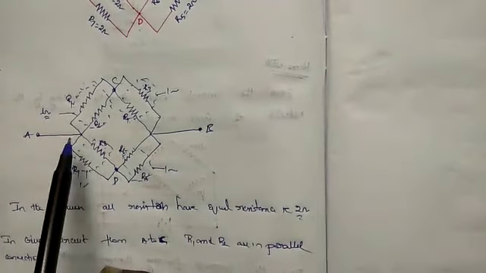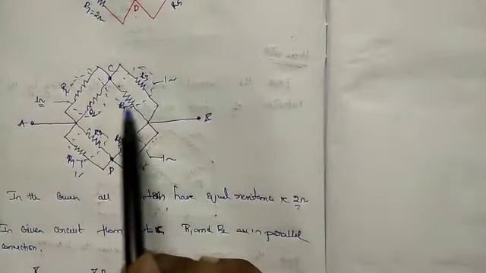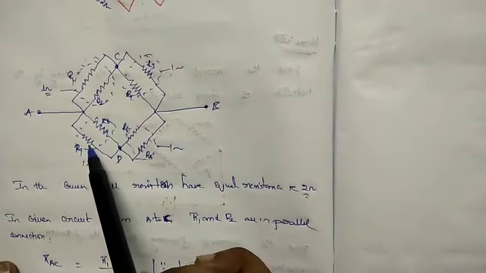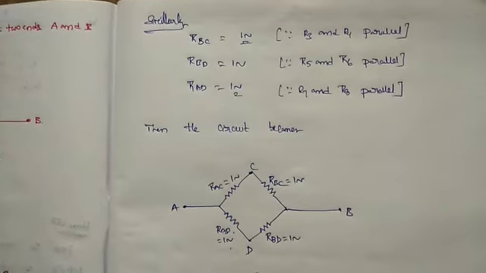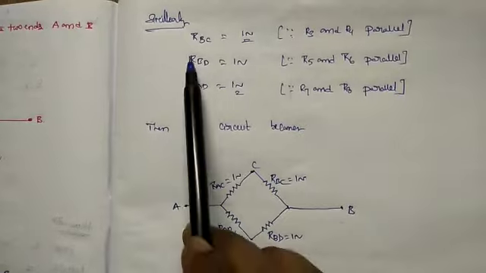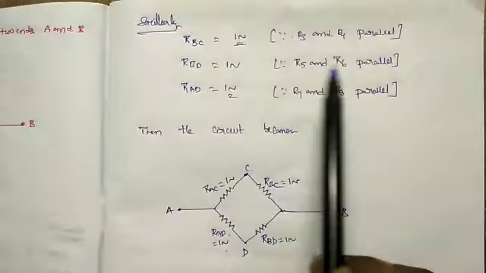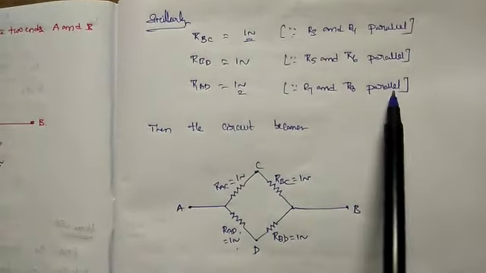These two resistances make one resistance of 1 ohm, these two also 1 ohm, and these two also 1 ohm. So for the circuit diagram, in RBC, R3 R4 are parallel, so 1 ohm. In RBD, R5 R6 are parallel, 1 ohm, and RAD, R7 R8 are parallel, 1 ohm.